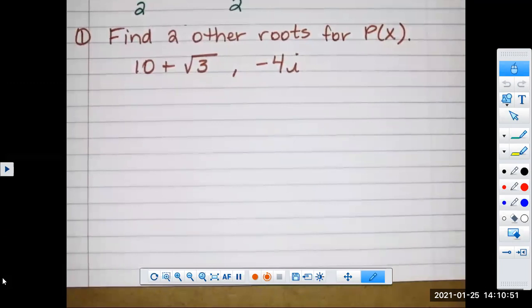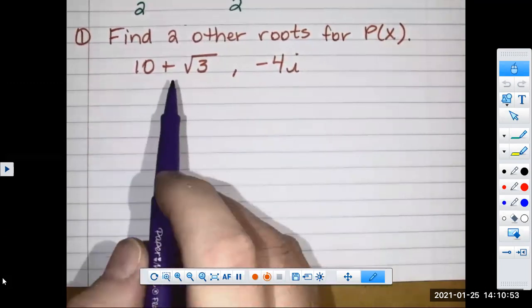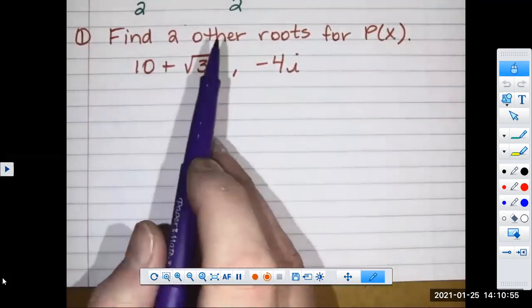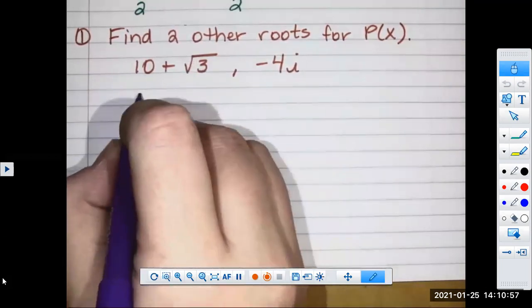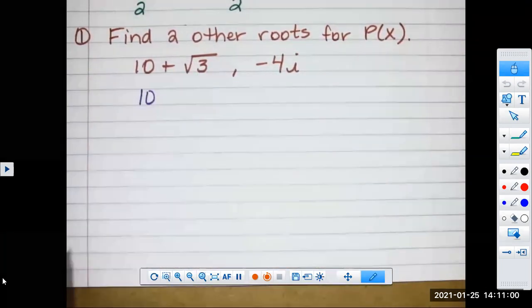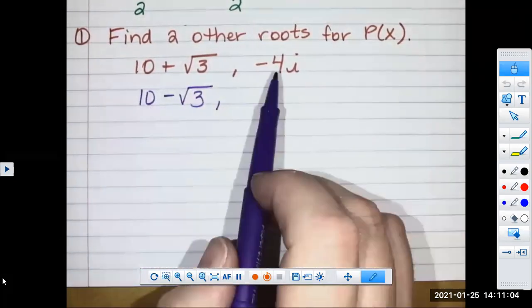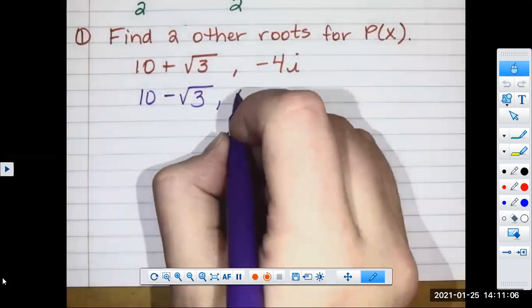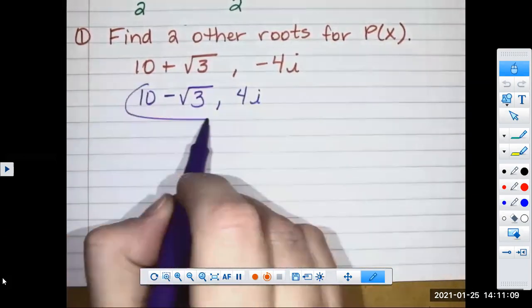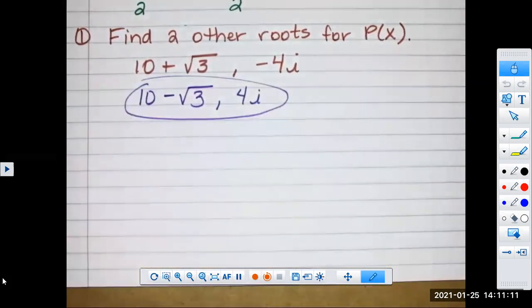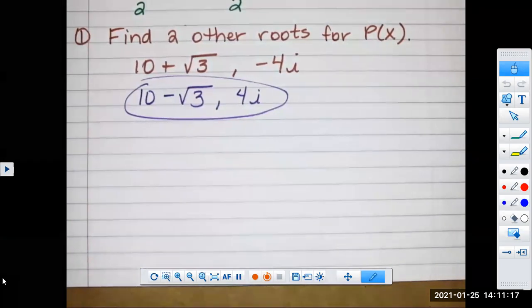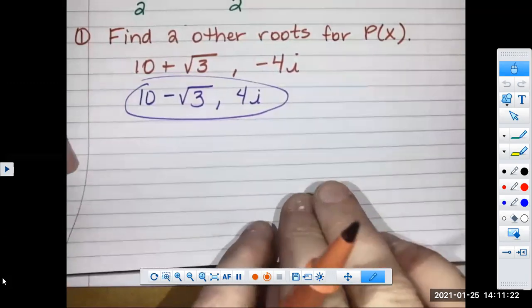So based on what you know, tell me what's this root's conjugate pair. What other root will you have? Good, 10 minus root 3. And then what about here? Good, 4i. Y'all okay with that?